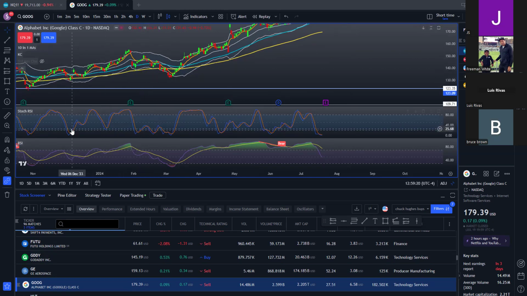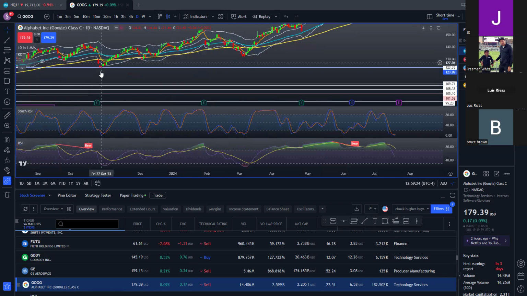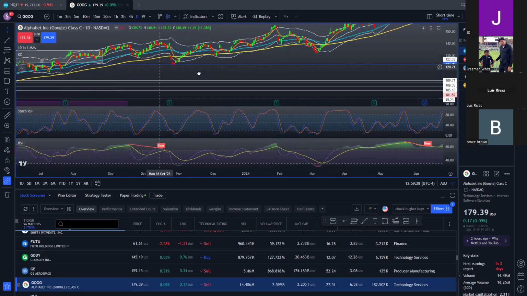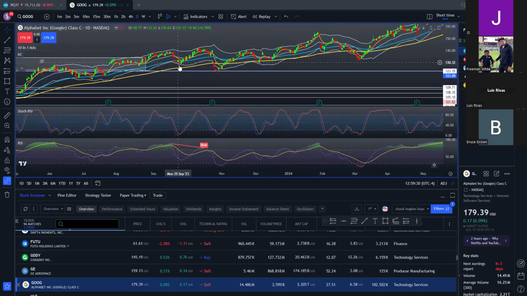Are you seeing this, guys? You can of course go both ways with overbought too, but I'm just doing it based on the 50 above the 100 and using the stochastic as a buffer.